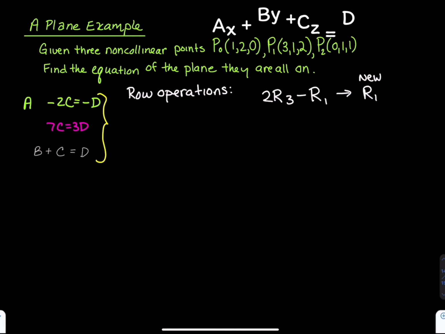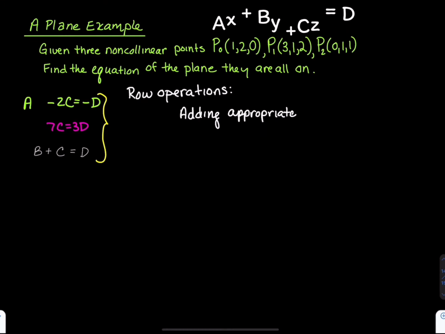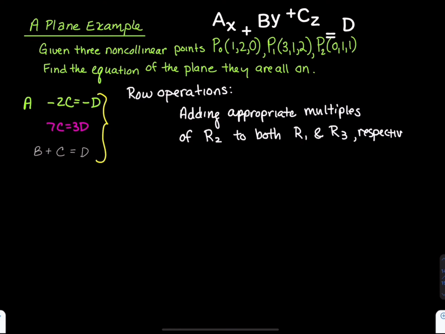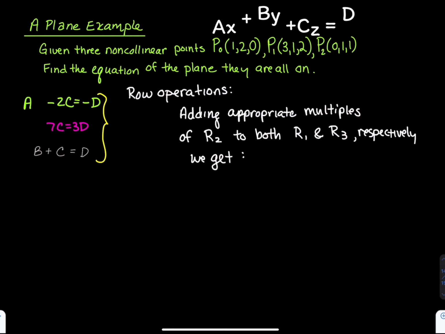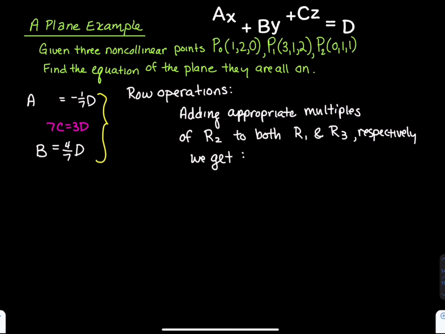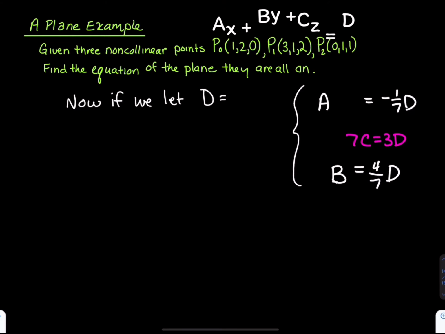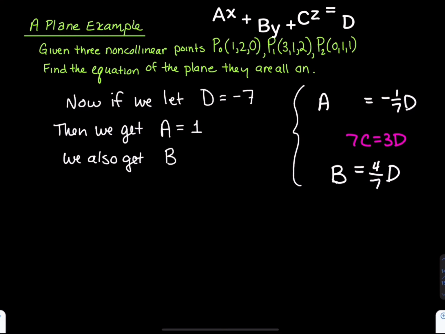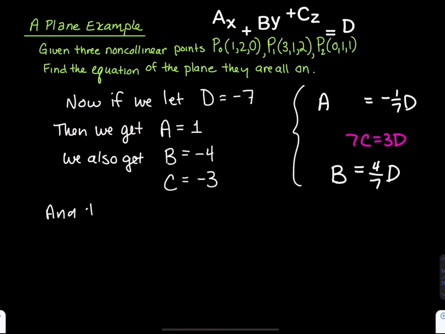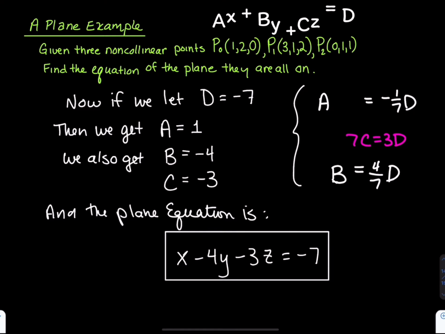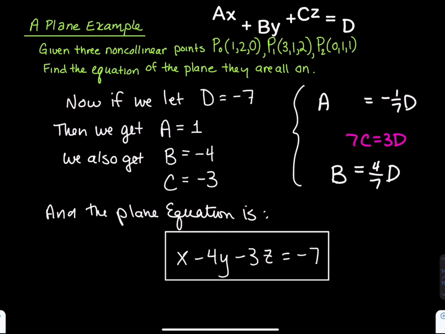So as I'm going through here, I'm trying to use what's called the elimination process to get the number of variables in each equation, the number of unknowns, down to as small as possible. And so as I've gotten it down here, we can now let D, that variable, become -7, which will allow A to be 1 and the coefficients B and C to be -4, -3. And we can write down the equation for a plane.